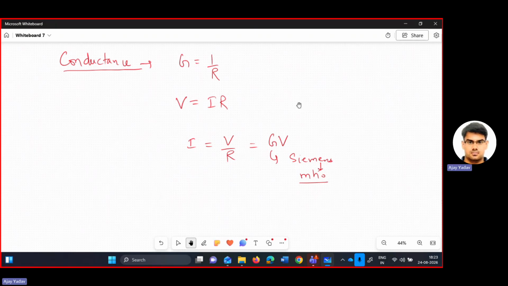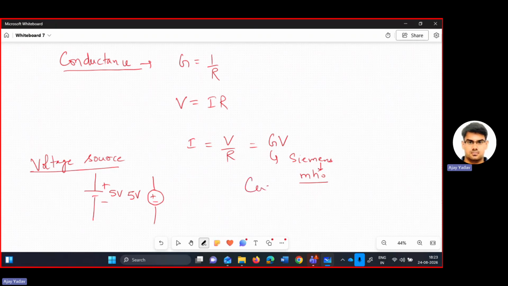When we solve circuits, you will find that sometimes I write the voltage source like this, plus minus 5 volt, 10 volt, whatever value. Sometimes you will also find that I write it like this. So this is the symbol corresponding to an independent voltage source.